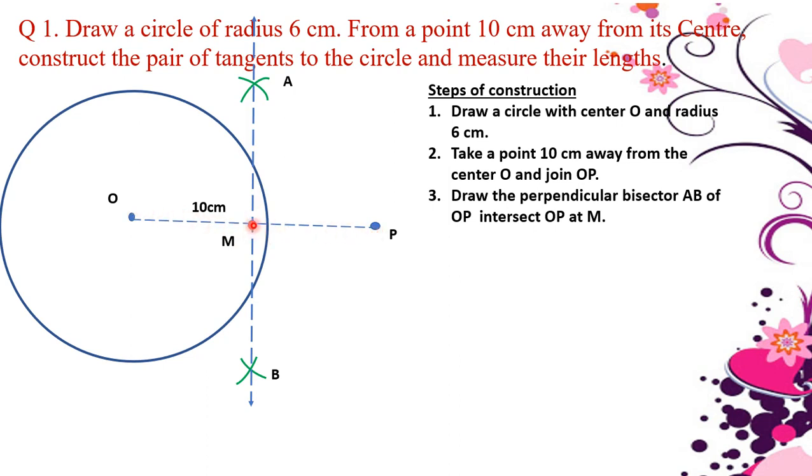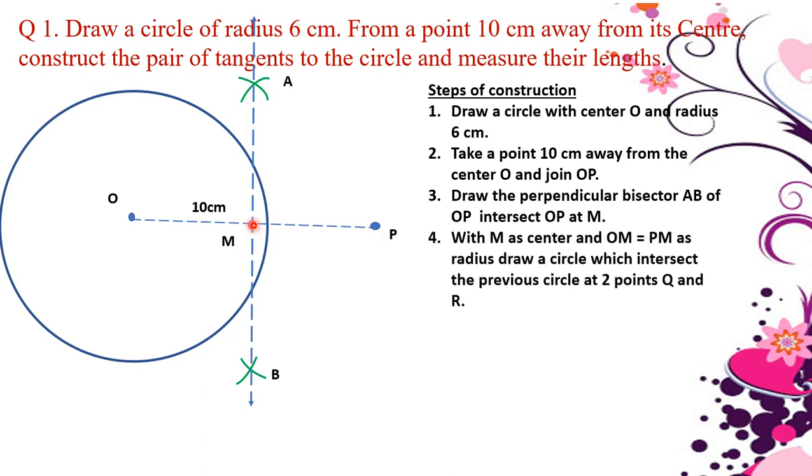Now with M as a center and OM as a radius, draw a circle, which passes through O and P as well. Then we get a circle with center M that intersects the given circle of radius 6 cm at the 2 points Q and R. So these 2 points are the points of contact.